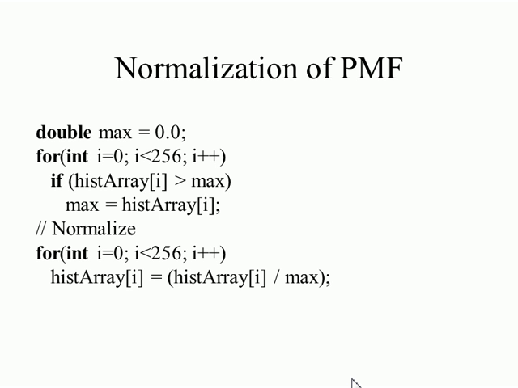Each event corresponds to another pixel that occurs. So if you've got 1,000,000 pixels and you found half of them were a value 0, then you would say, aha, the histogram array at value 0 is equal to 50%.